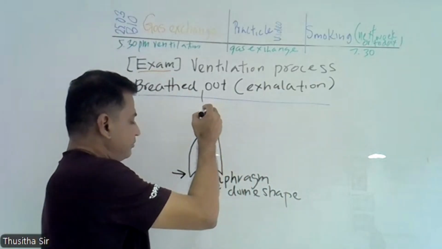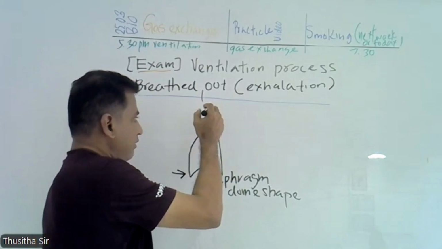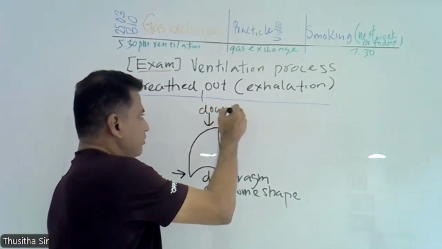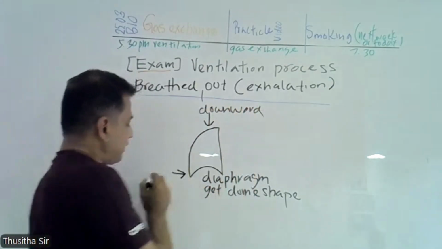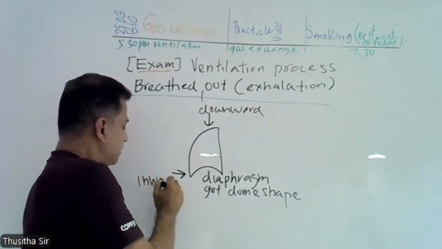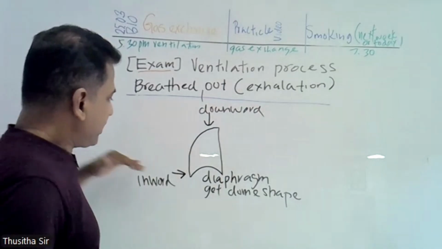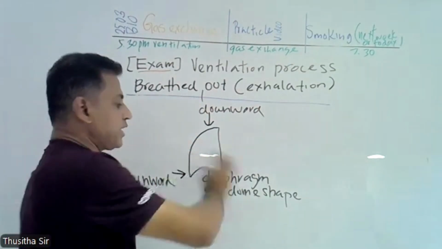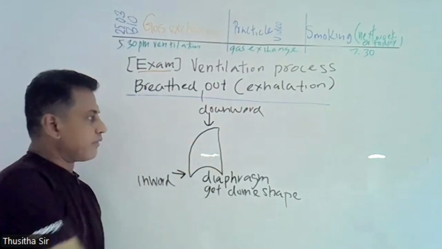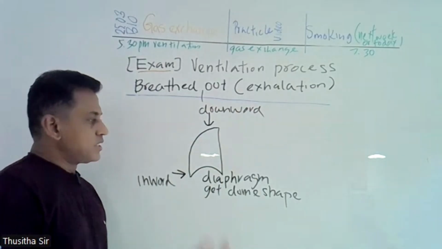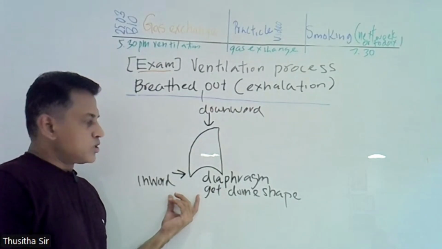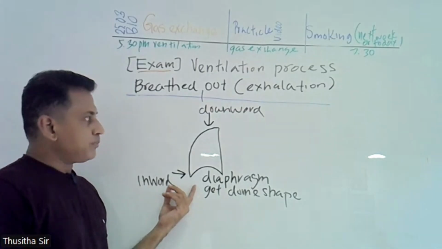That's a downward movement, and that's inward. So the rib cage moves inward and downward, and the diaphragm gets a dome shape. So now the whole rib cage is like this. Quickly I will sketch this diagram, the rib cage.